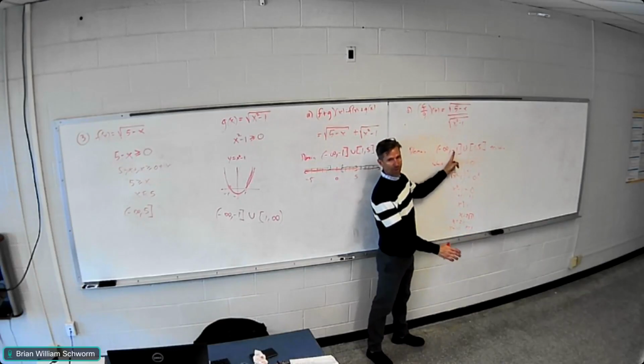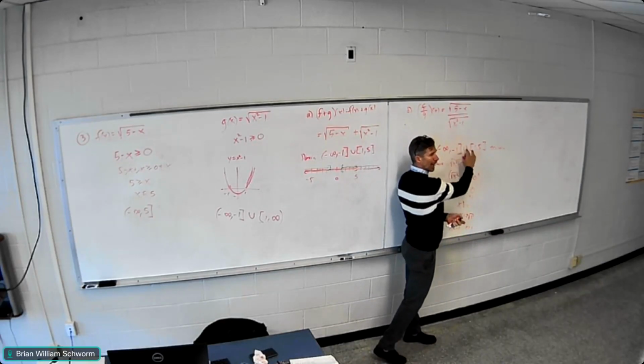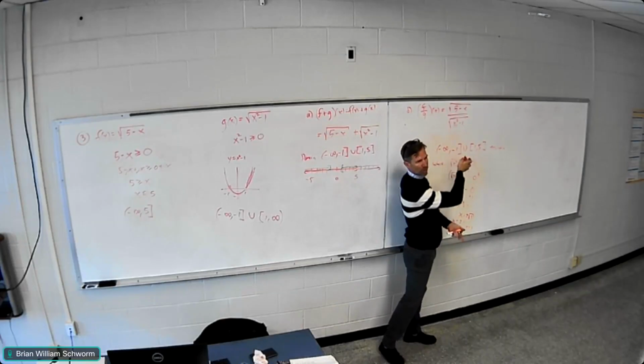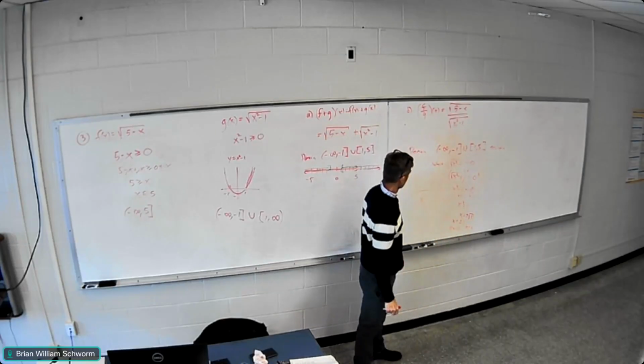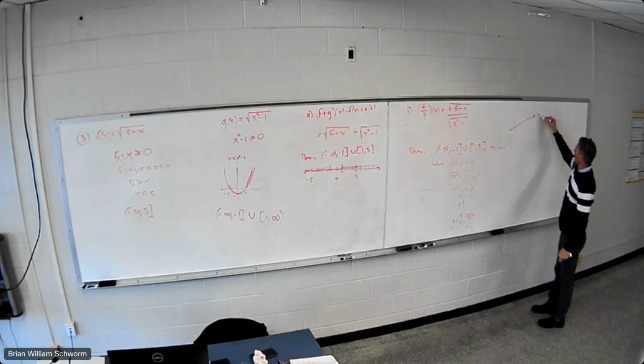And I can do that very easily with the symbols. Negative infinity to -1 with a bracket means up to the -1, including the -1. But I want to exclude the negative one, so I just put a parenthesis instead. Likewise for the positive.